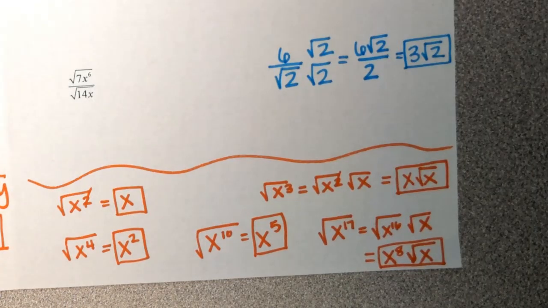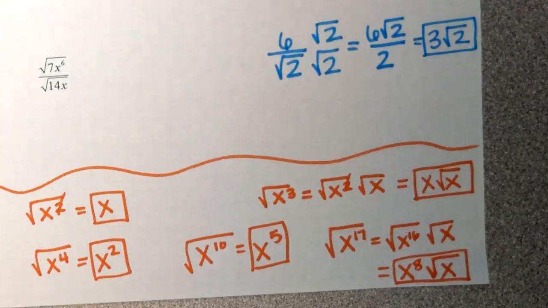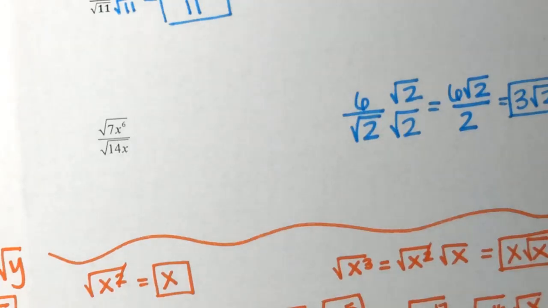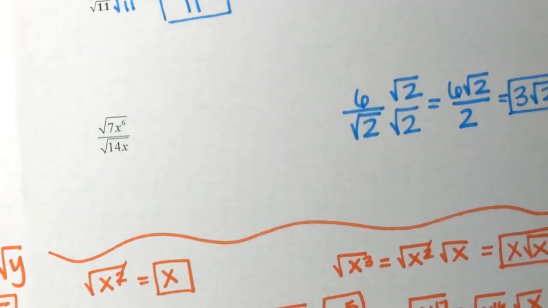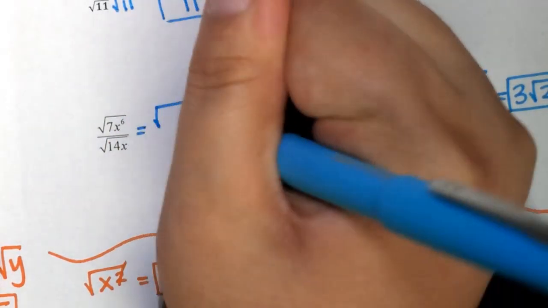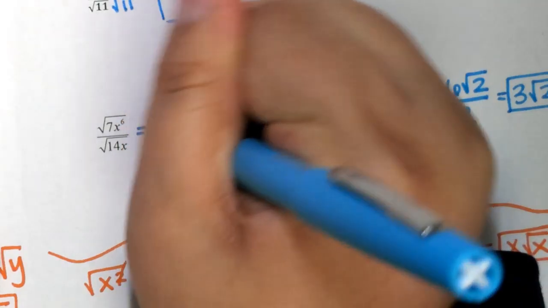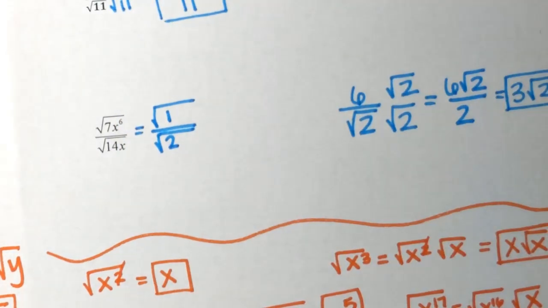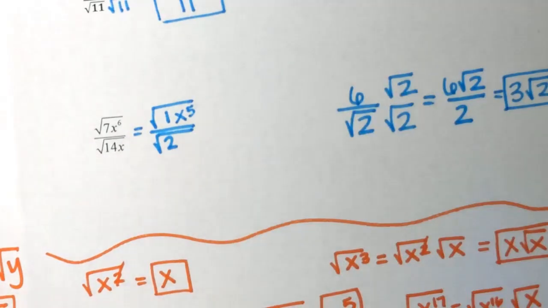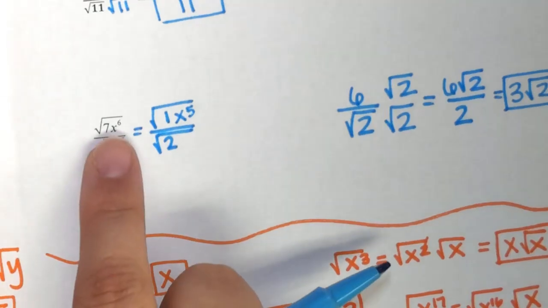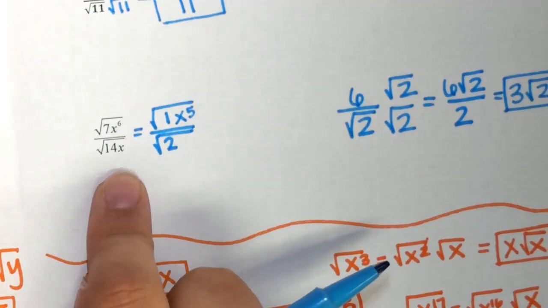All right? Before I rationalize, this is dividing and rationalizing together. Divide this out, and what are we going to get? What's 7 divided by 14? 1/2. So I'm going to get 1 over the square root of 2. And what about my x's? X to the power of 5 up top. Does everybody see how I just got that? I'm subtracting. I have 6 on top, 1 on bottom, so I subtract.